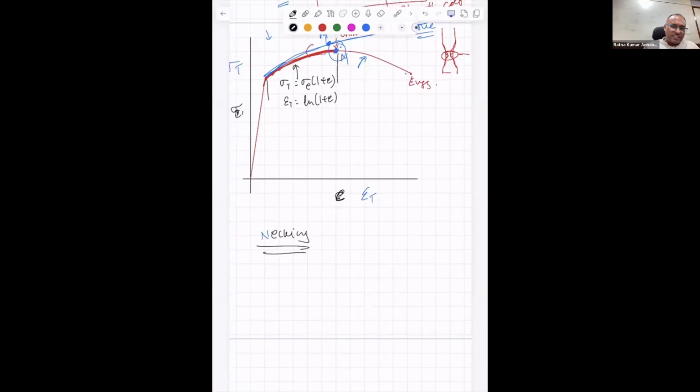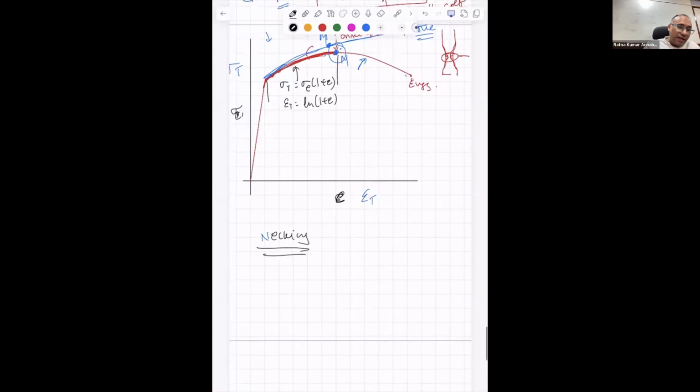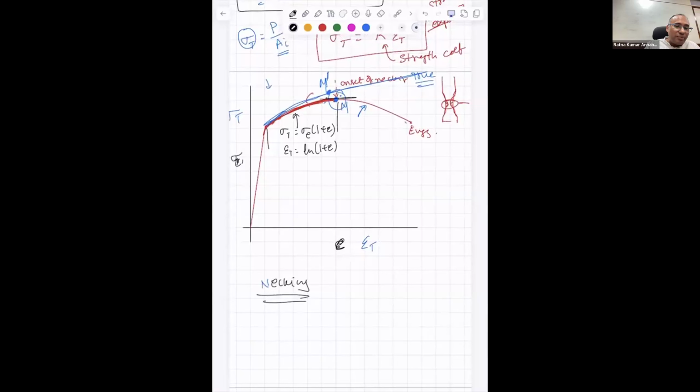Necking, as we understand, is an instability, and it onsets at the maximum engineering stress value. That means whenever the load reaches a maximum value. If you draw the force displacement response, P versus delta, you will have some increase in force and then it suddenly decreases. Wherever P is maximum, that is when necking begins, right?